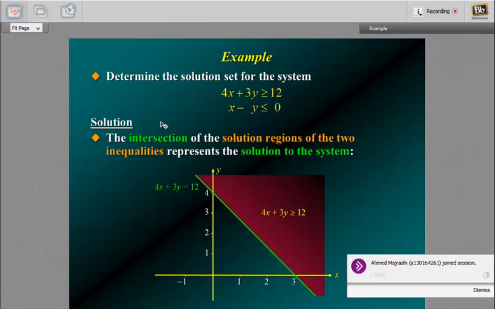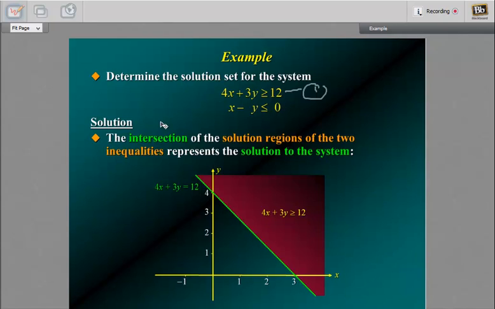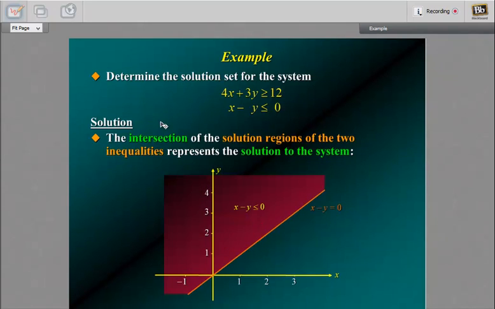If you draw the lines of these 2 equations, so first of all, for line number 1, we will draw this line and draw the feasible region. It is going outward. And similarly for line number 2, we will draw the equation of the line, and the feasible region of line number 2 goes upward.